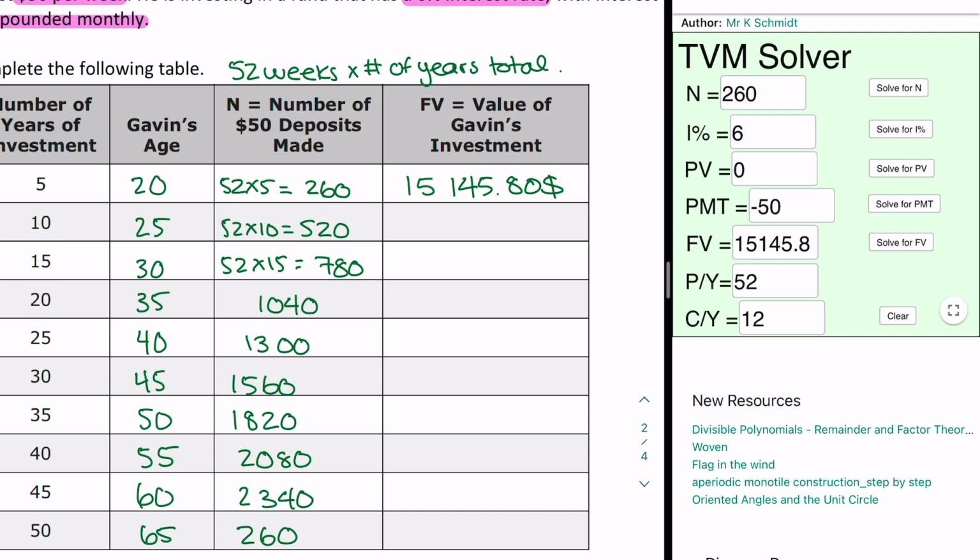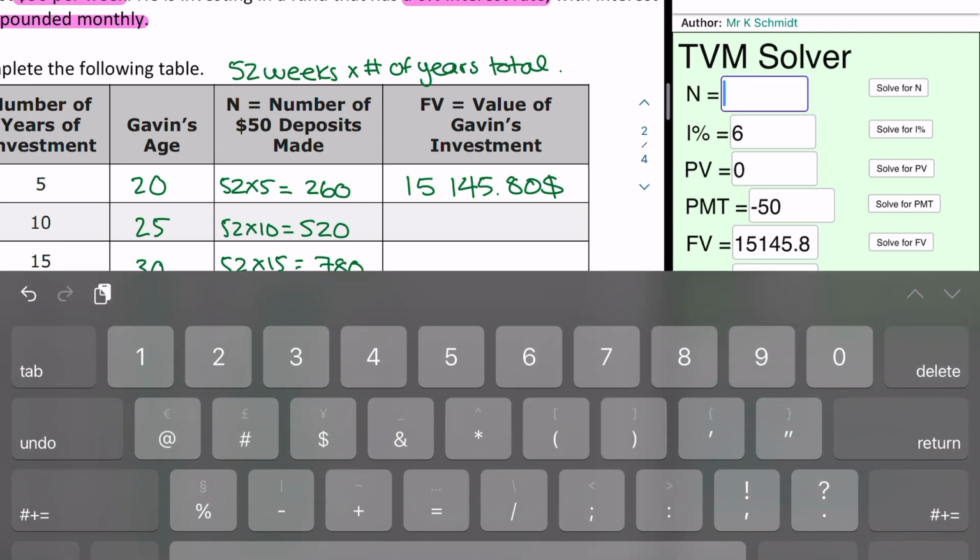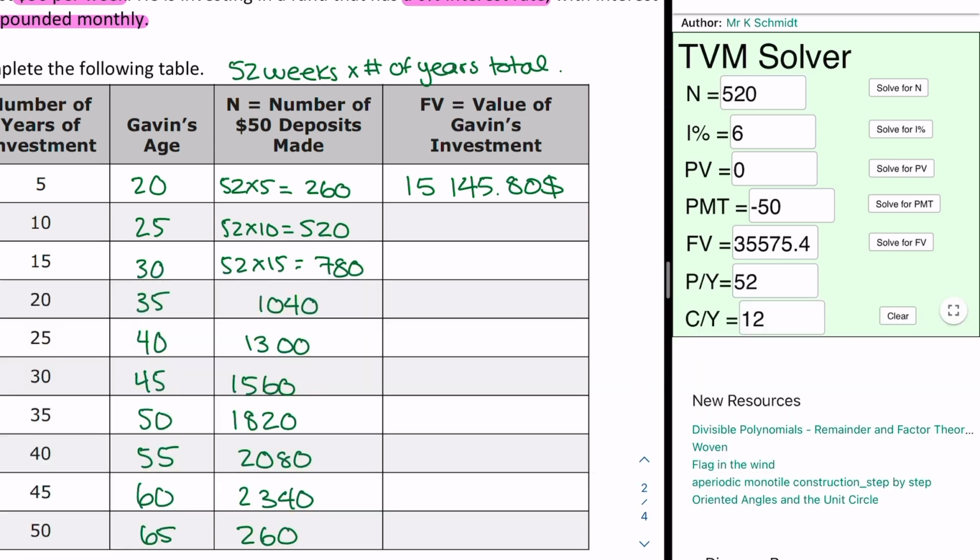And then you do that for every single one. So you're going to come here and you are going to change this number to 520, solve for FV, and it is 35,575.40. Okay, so you'll do that for every single one.